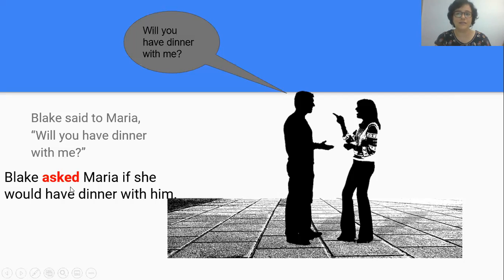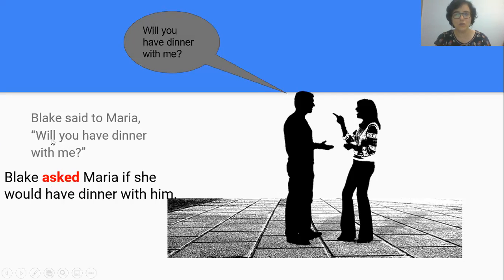And when you write it in indirect speech, you use the word asked. Blake asked Maria if. Know that if, and now you have to interchange these two words. The verb and the pronoun here has to be interchanged. So instead of saying would you, would she, you say she would.